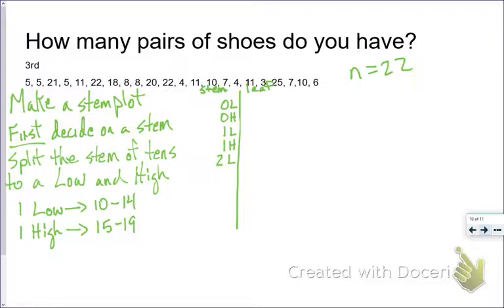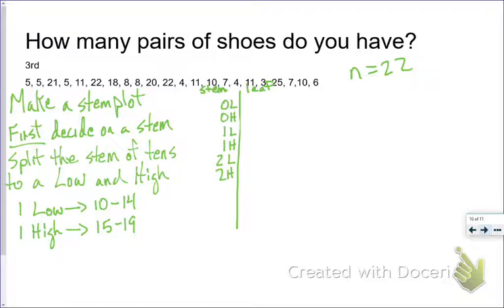We had a 27. So we made a 2H. I don't see one here. Oh yeah, we do. We have 25. So 2H. So in other words, I want there to be a potential 5 possible numbers, a range of 5 for each stem.